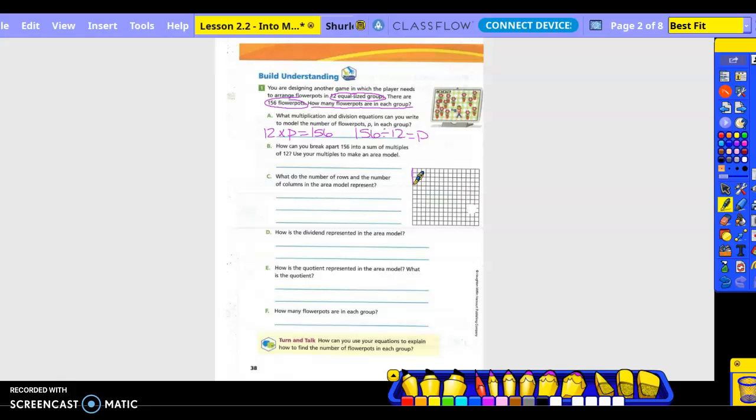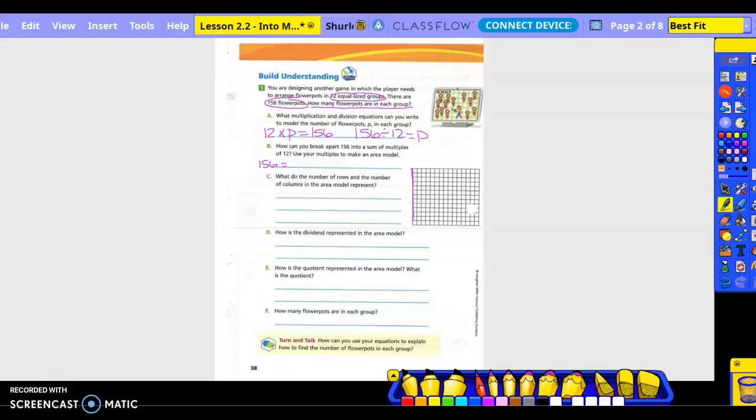If we go down 12, we're going down all the way except for 1, right?